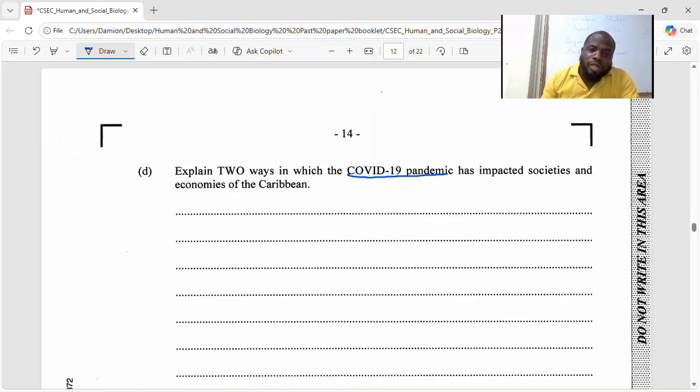So one of the things, and we're talking about the Caribbean, one of the things that we are known for in the Caribbean is tourism. And our tourism industry was seriously affected because for COVID, you had travel restrictions happening.